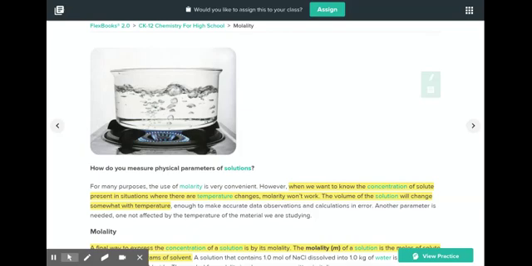When there's a temperature increase, if you dissolve something in a solvent like water, when you're boiling, the water evaporates. So the volume of solution will change, right? So, in order to make accurate data observations, another term we use is molality.